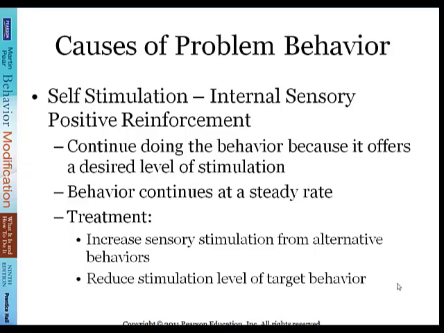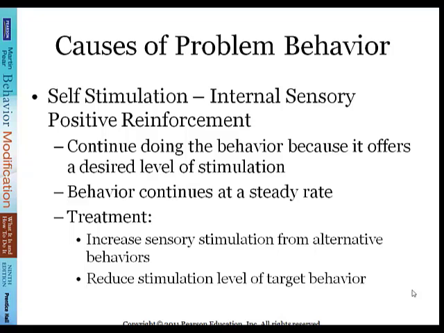Instead, the treatment is to try to, first of all, make the target behavior not feel as good, and second of all, help them find a good feeling from alternative behaviors. So, for example, if aggression just feels good for a person, although we would like to address any emotional, psychological, or cognitive issues that might be associated with that, there are some socially appropriate ways to engage in that behavior, like contact sports.